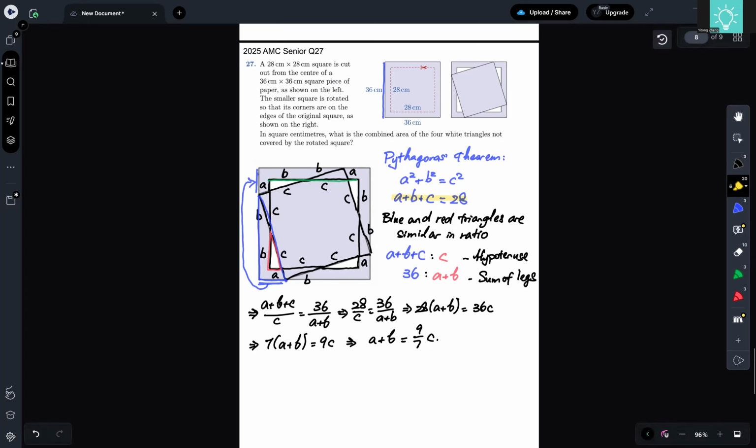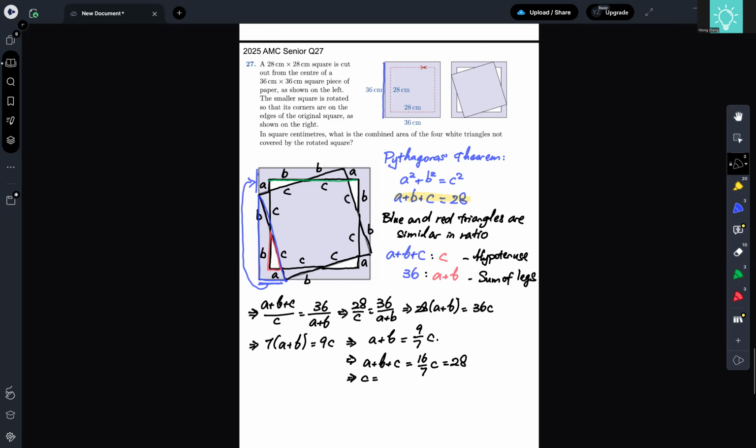Once again, I'm going to substitute that into this equation. A plus B plus C is 28. We know that A plus B is that. So I can say that A plus B plus C, I add another C onto 9 on 7C. That's 16 on 7C is equal to 28. So what is C equal to?